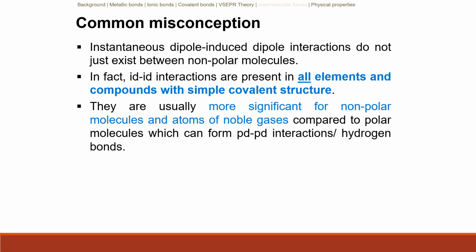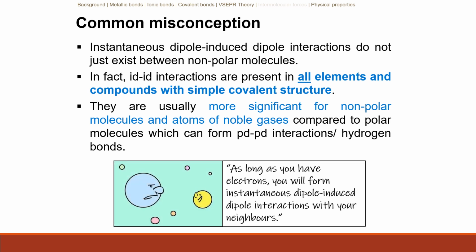Whereas for polar molecules, they can have PD-PD interactions or hydrogen bonds, but we should not neglect the fact that they have ID-ID interactions. The key is to determine which one is more predominant. So like what this cartoon shows, as long as you have electrons, ID-ID interactions can occur between you and your neighbors.